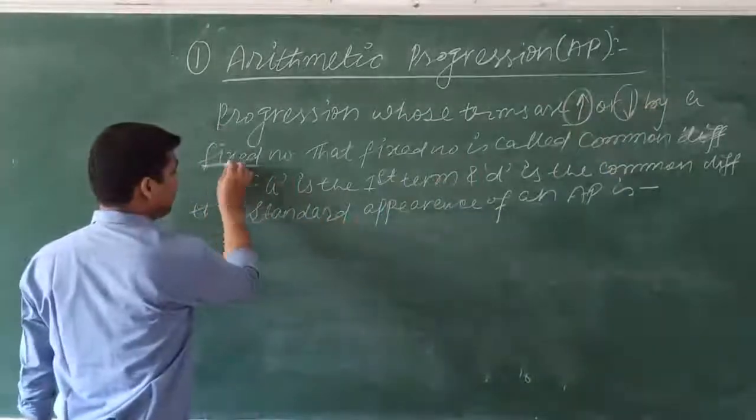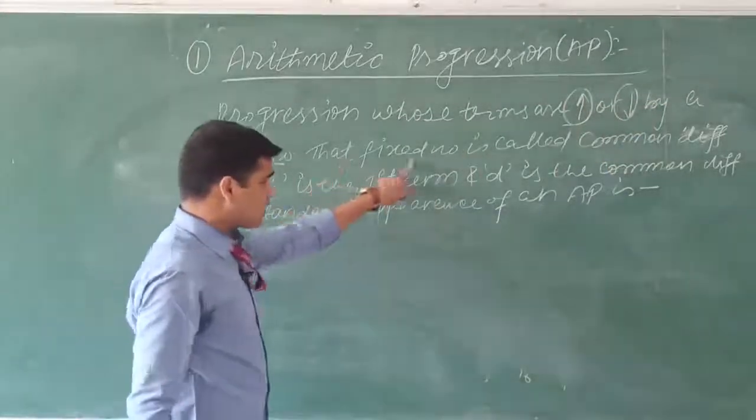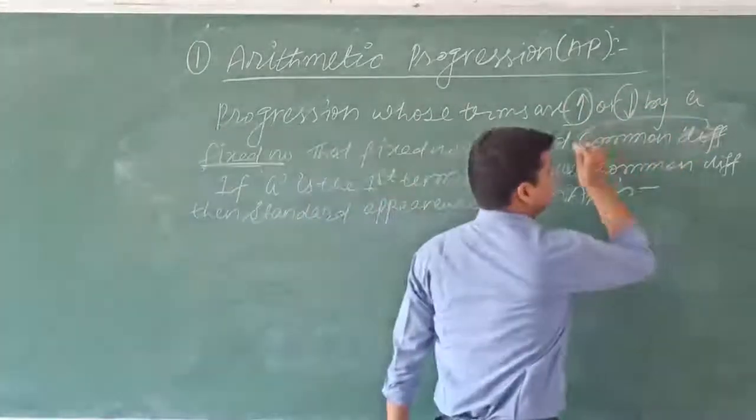This is very, very important: a fixed number. That fixed number is called the common difference.